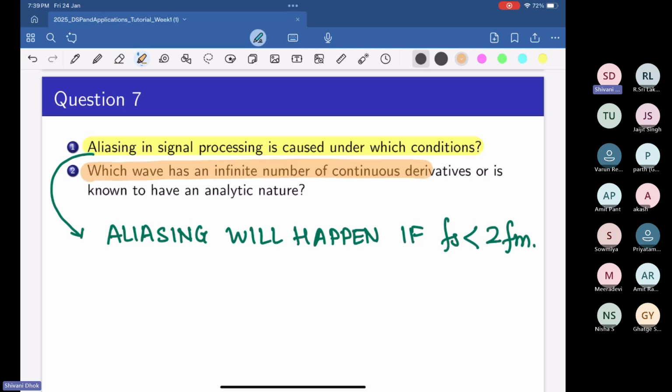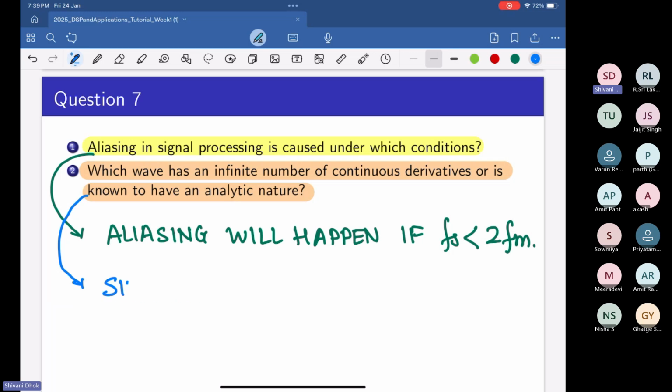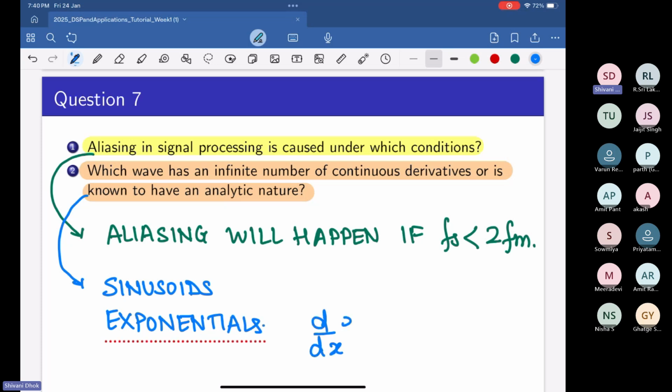Another question that this has is, which wave has an infinite number of continuous derivatives or is known to have an analytic nature? So there are various functions which show this analytic nature. Two of them I will list here. One we have seen in the beginning of this lecture, that is the sinusoids. And another one is the exponentials. So we know that d/dx of e power x is equal to e power x, and the same is with its integration.